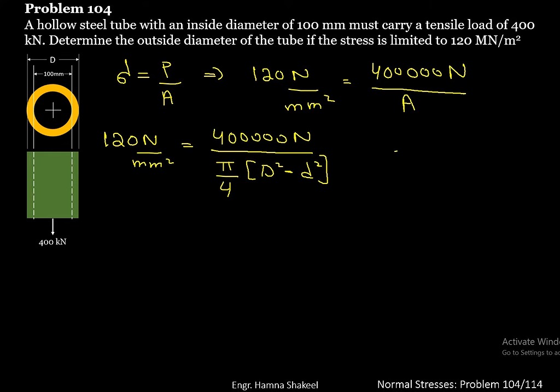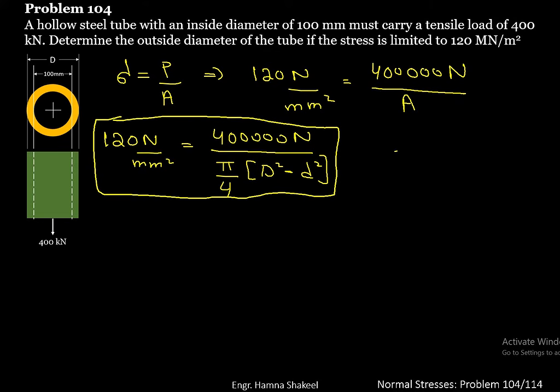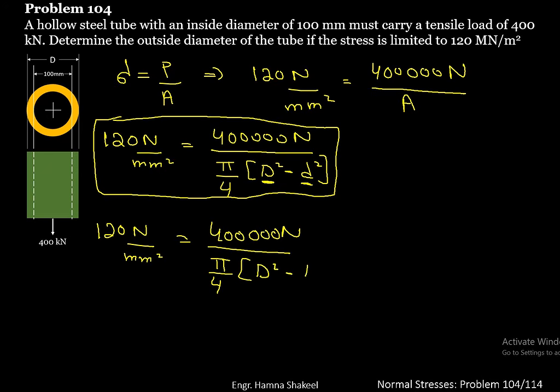After plugging in the equation of area in your main equation, this is what your main equation will look like. So we need to find the outside diameter, and we already know the value of inside diameter. So let's plug in all the values that we know. After plugging in the value of small diameter, let's rearrange the equation.